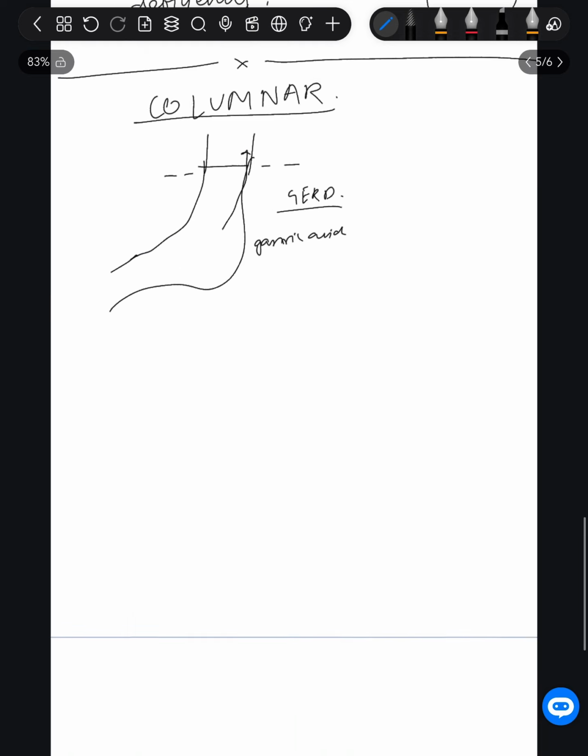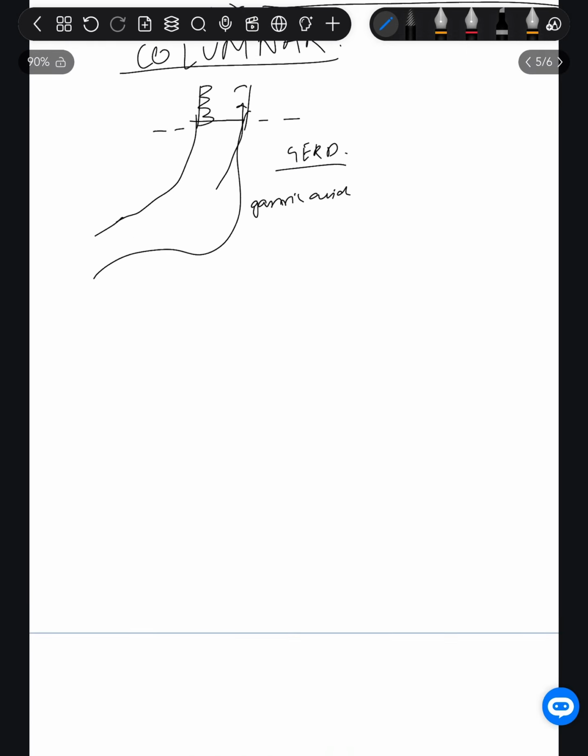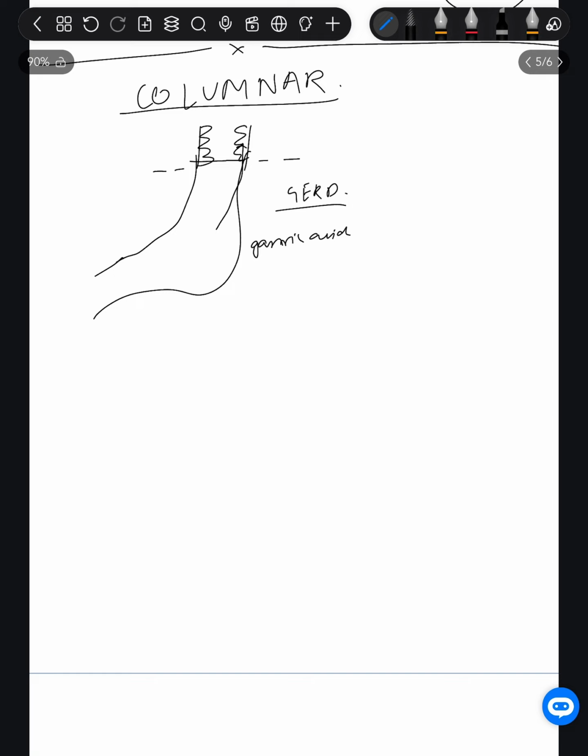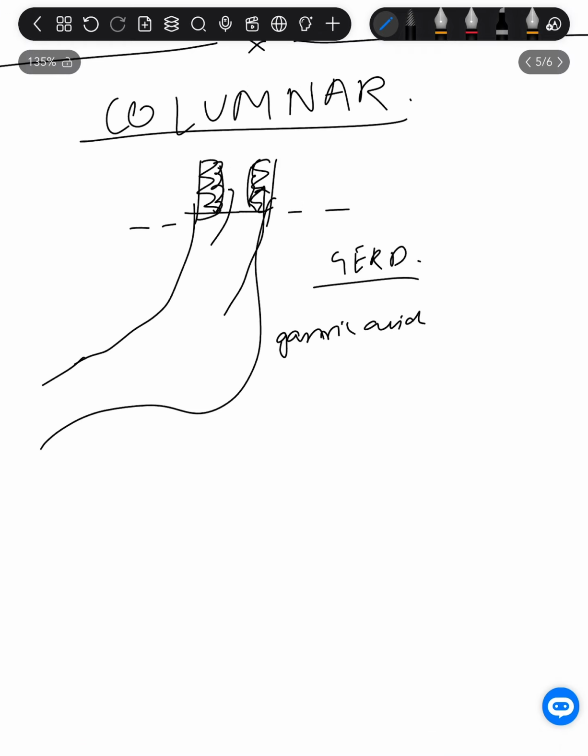After that, there is chronic irritation of the esophagus. We all know the esophagus is made up of non-keratinized stratified squamous epithelium. So because of chronic irritation, this stratified squamous epithelium is changed into columnar epithelium.